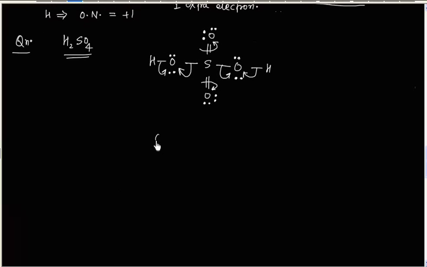So now we can show. This oxygen has 8 electrons, sulfur will have no electrons, and this oxygen will also have 8 electrons. This oxygen will also have 8 electrons.